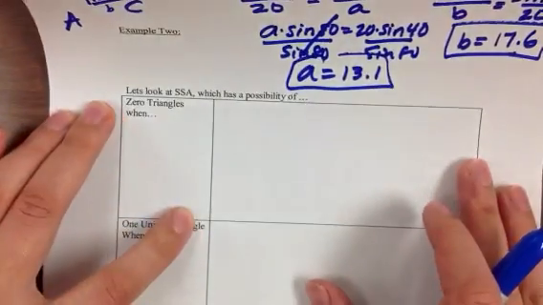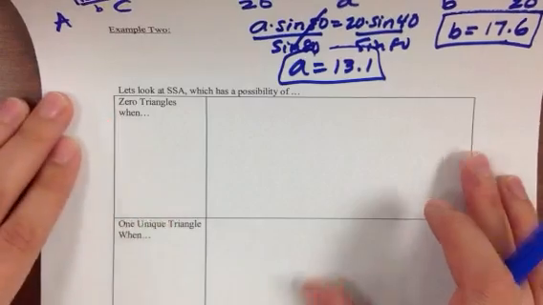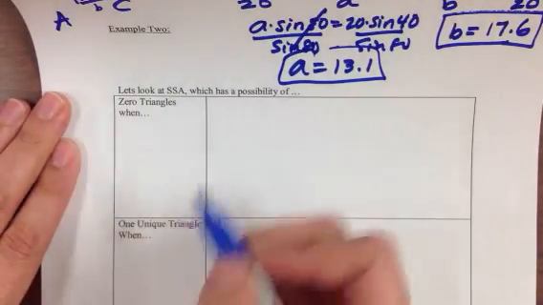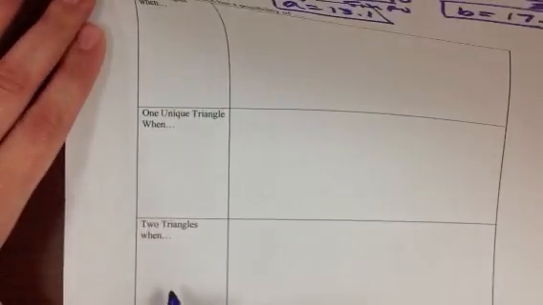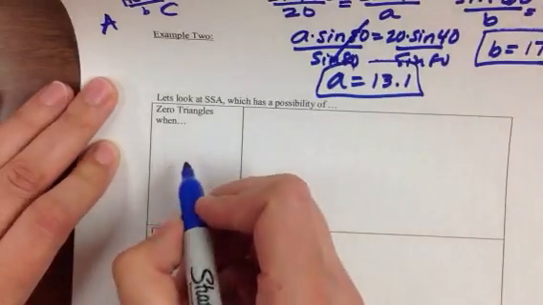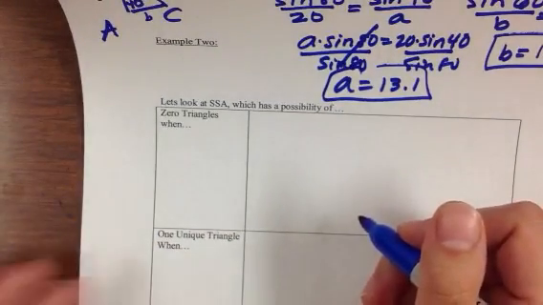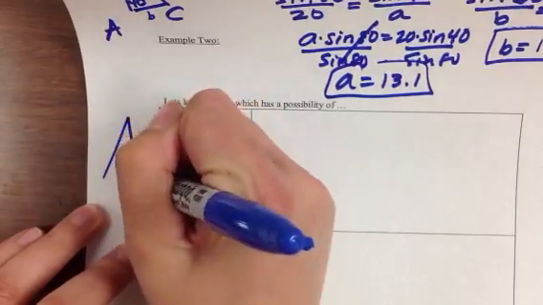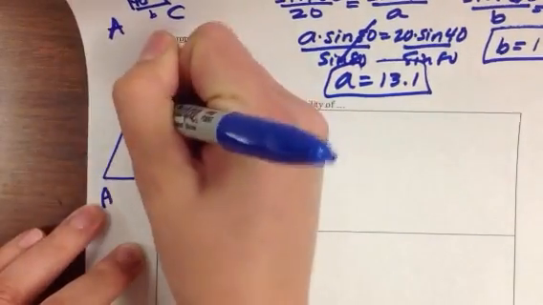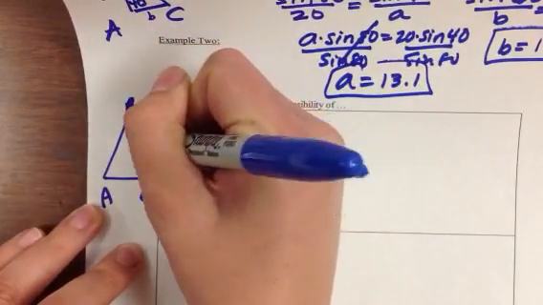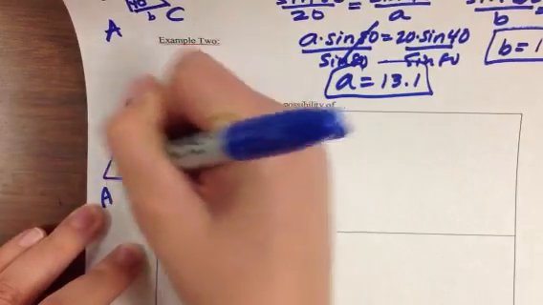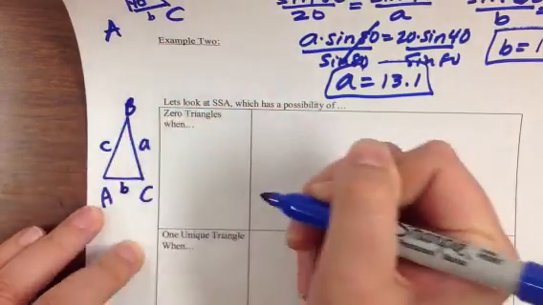Okay, so now we need to start talking about side, side, angle, which has a possibility of 0 triangles, 1 triangle, and 2 triangles. So when do I have 0 triangles? Well, let's just redraw my A, my B, and my C, little a, little c, little b side length.